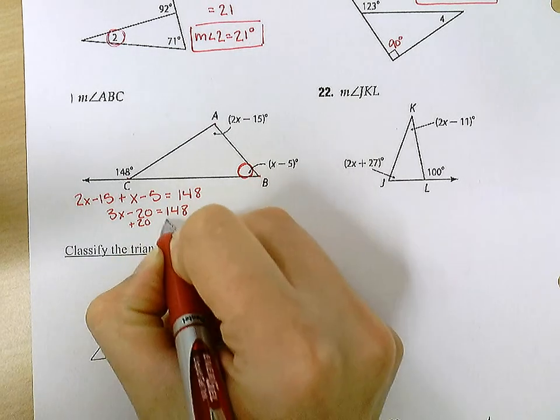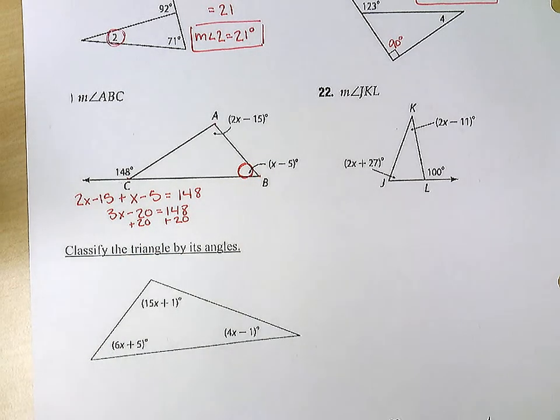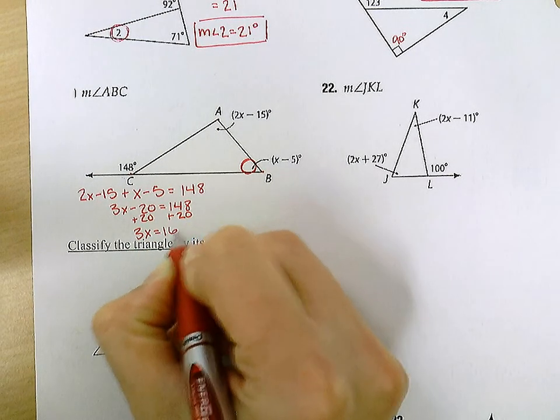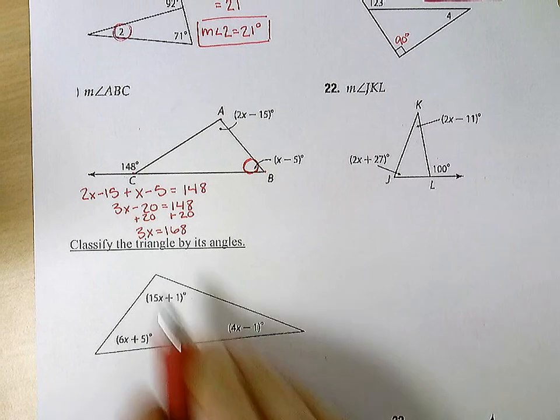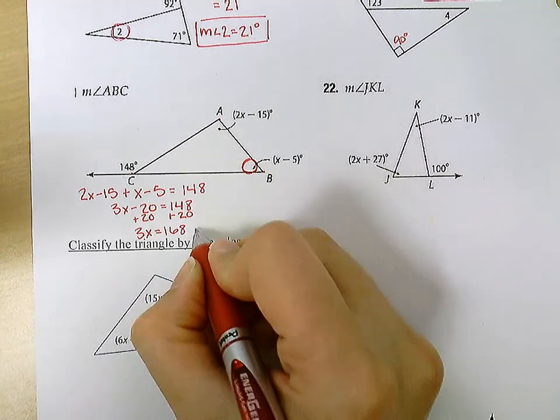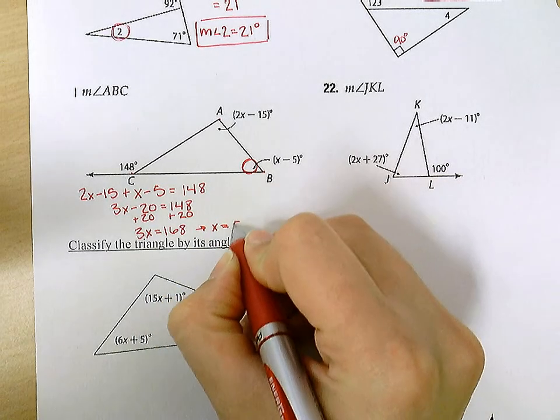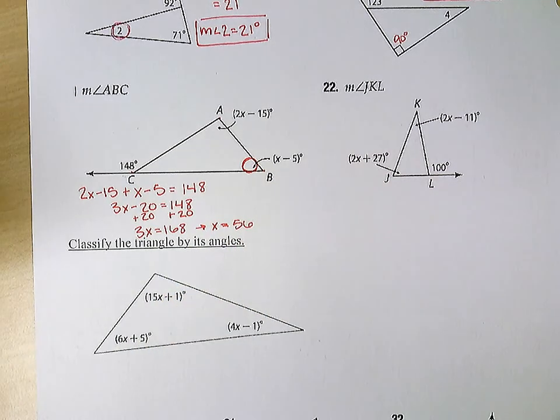Add 20 to both sides of your equation. So we have 3x is equal to 168. Divide both sides by 3 to get x equals 56.